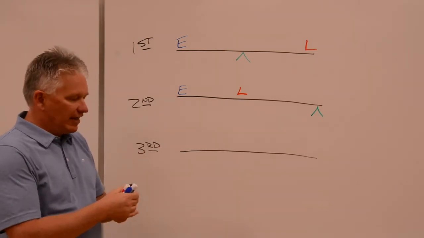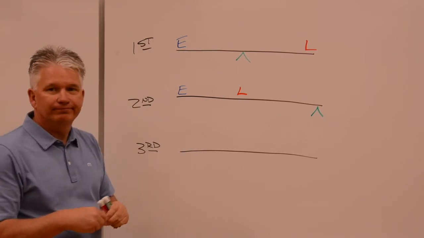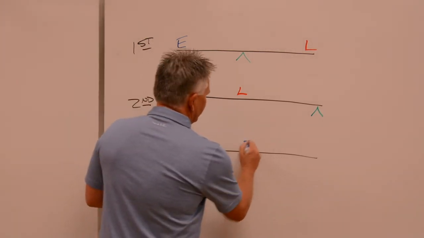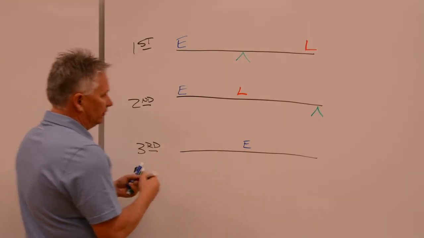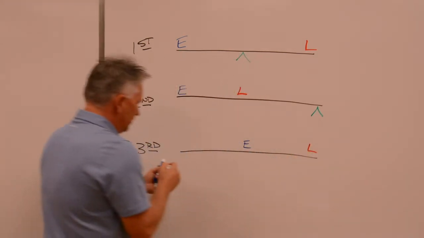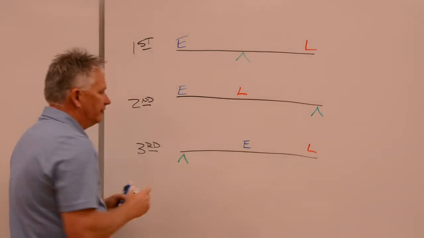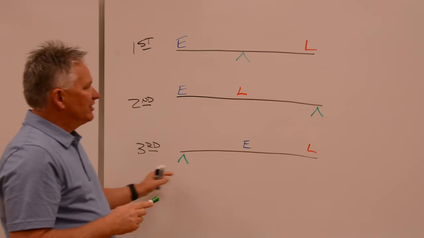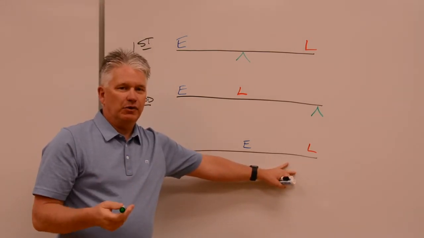And then the third class lever: who hasn't been in the middle yet? Effort. So we're going to put load on one side and our fulcrum on the other side. Now in this third class lever, this is what we typically find in the body.